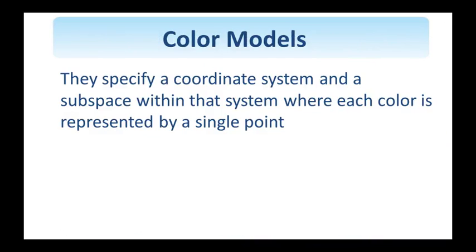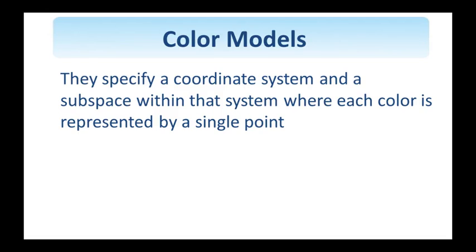The purpose of a color model, which is also called a color space or a color system, is to facilitate the specification of colors in some standard and generally accepted way. So a color model specifies a coordinate system and a subspace within that system where each color is represented by a single point.